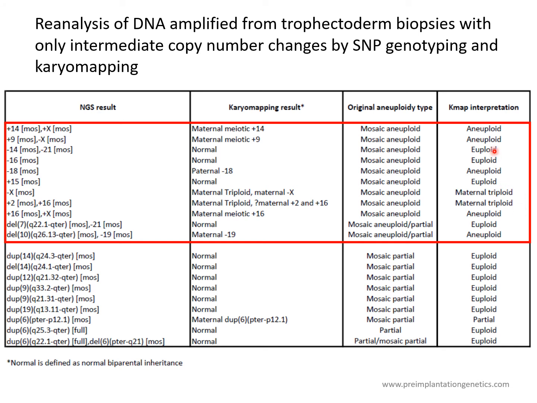And finally, there were genuine maternal, as it turns out in each case, meiotic aneuploidies for the same chromosomes that had been identified as mosaic by NGS in 5 samples, 1, 2, 3, 4, 5.